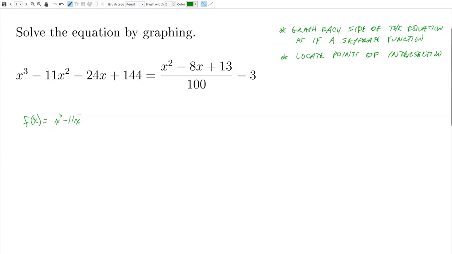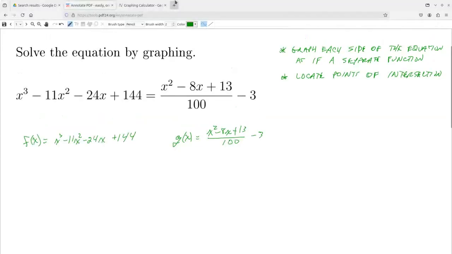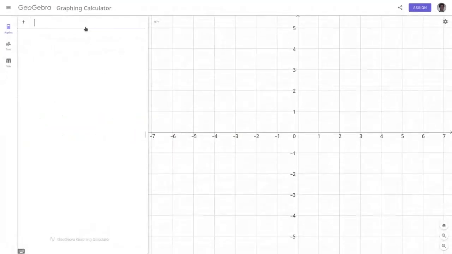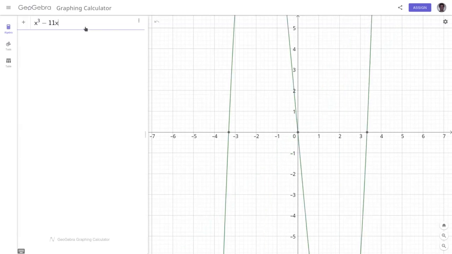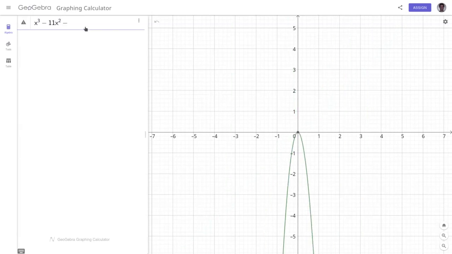So we'll assign that f of x, and we'll assign the right-hand side g of x, and then graph them. So remember, we're looking for where these two functions intersect. And so here I'll be using GeoGebra to do my graphing, but you can do your graphing in whatever you choose.